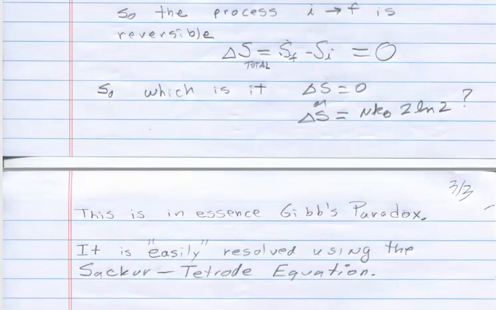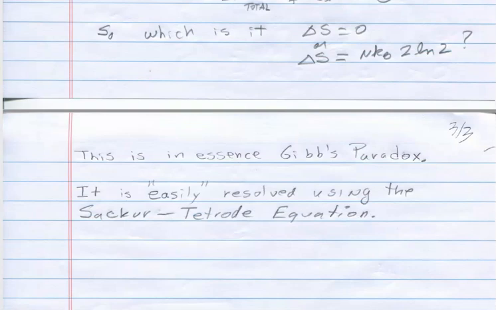How do you resolve it? Well, there's several ways, and as you might guess, it boils down to the fact that they're distinguishable or indistinguishable. But I claim it's easily resolved using the Sackur-Tetrode equation, and I'll leave that for the next video.